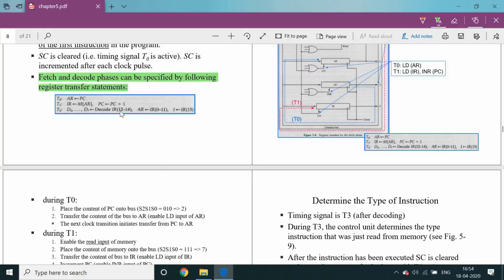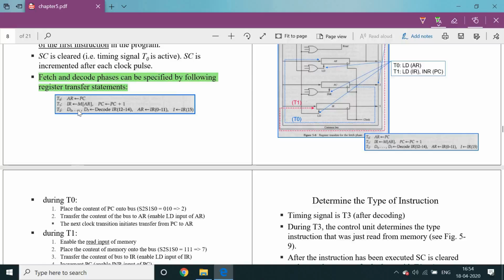Next, bits 12 to 14, these 3 bits of the instruction register, are stored into the decoder section. These three binary values decide which of D0 to D7 is generated: 000 gives D0, 001 gives D1, 010 gives D2, and so on up to 111 gives D7.